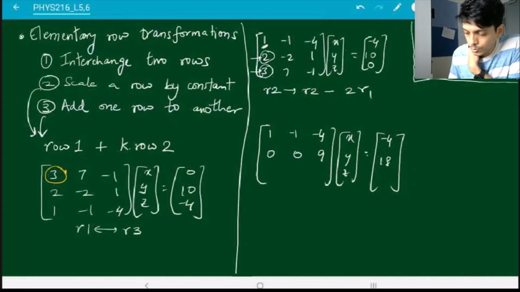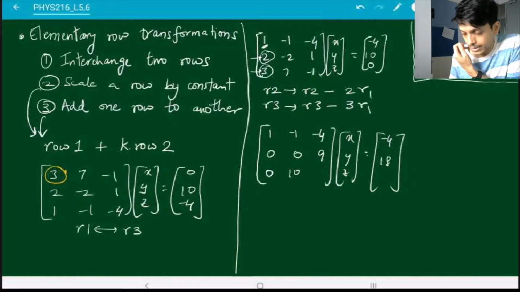Third row also, I want to eliminate this 3 over here. So I will say R3 goes to R3 minus 3 times R1. That eliminates this, that makes it 0. 7 minus 3 times minus 1 is 10. Minus 1 plus 12 is 11.